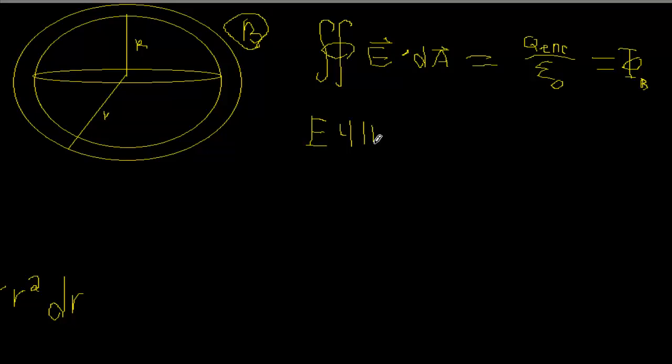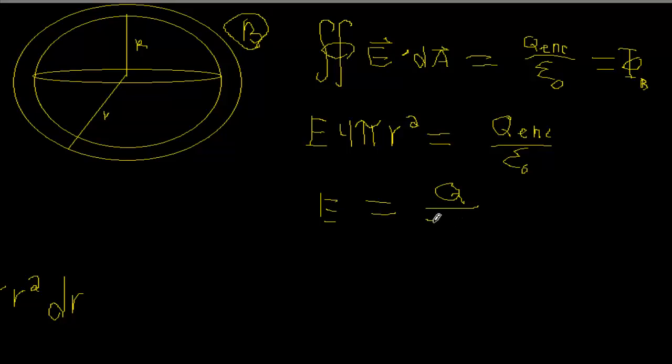So our surface area is just going to be 4 pi r squared, the surface area of a sphere, equal to Q enclosed divided by epsilon naught, and then you'll see that our electric field is equal to just our Q enclosed, which we found in the last problem turned out to be Q, divided by the area, 4 pi r squared epsilon naught, which you'll probably recognize as being very similar to the standard definition of electric field.